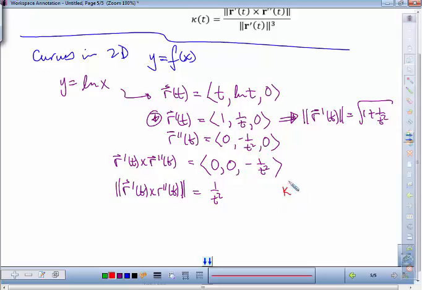Not a vector. So the cross product stuff goes in the numerator, and the r prime magnitude, oh, this has to be taken to the third power. I guess that would be 3/2 or something.